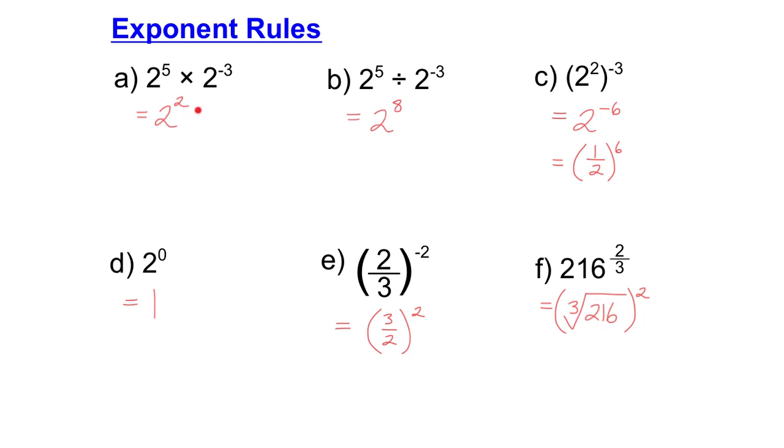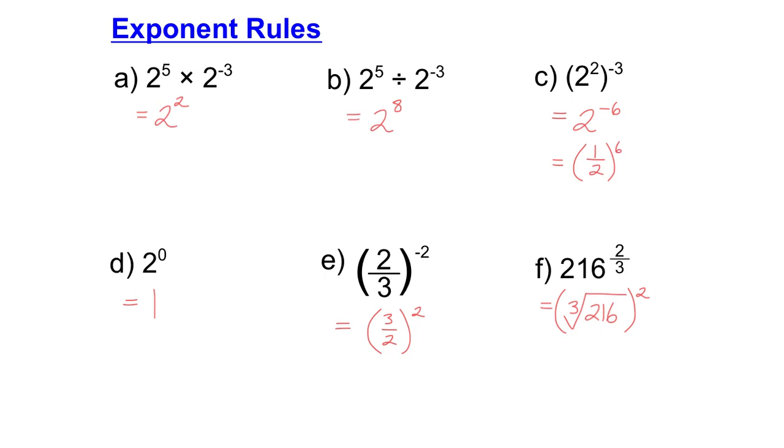So we've simplified our expressions, and now we can actually evaluate, because once you have a positive exponent, you can think of that as expanded form, like 2 to the exponent 2 is 2 times itself. 2 to the exponent 8 is 2 times itself 8 times. 1 over 2 to the exponent 6 is 1 over 2 multiplied by itself 6 times.